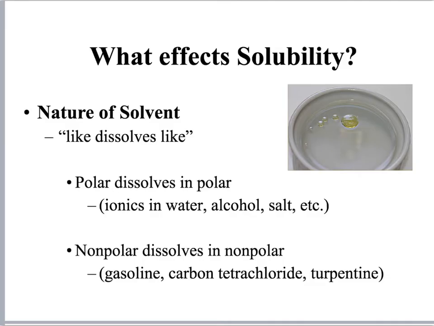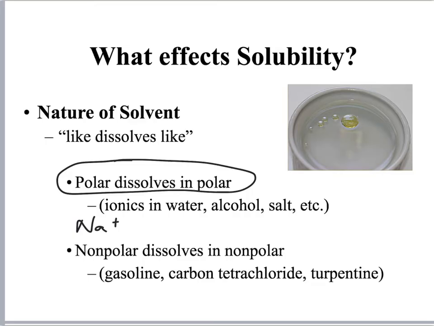Well, one thing is the nature of the solvent. We talked about earlier that objects can be polar or nonpolar, meaning having a partial charge or not. Polar objects like to dissolve other polar objects. So that's why sodium chloride, which splits up into its sodium plus and chlorine minus charge, dissolves so well in water, because water has partial positive and negative charges too, right?